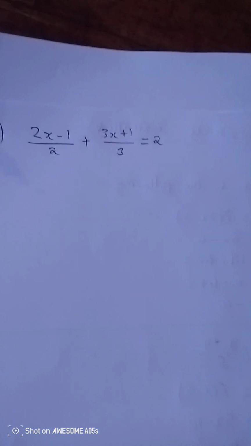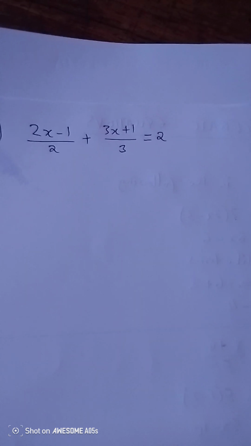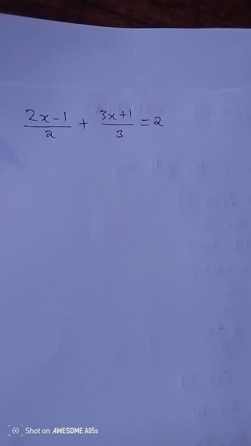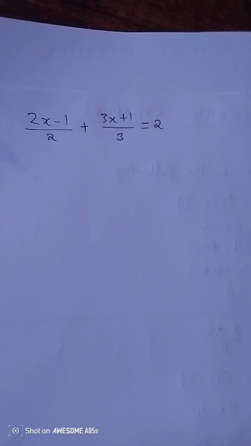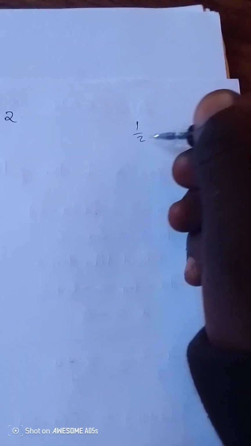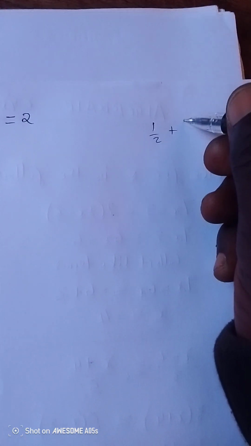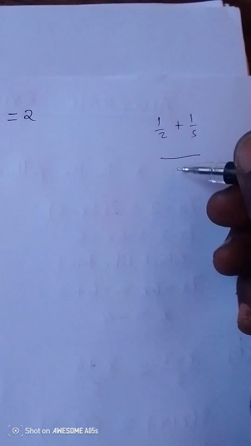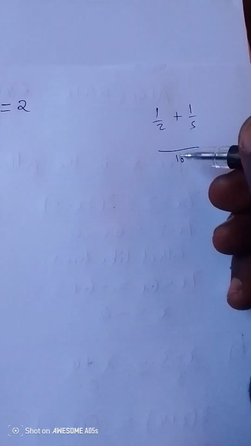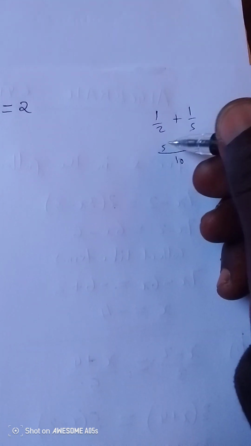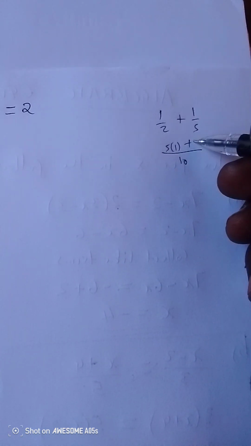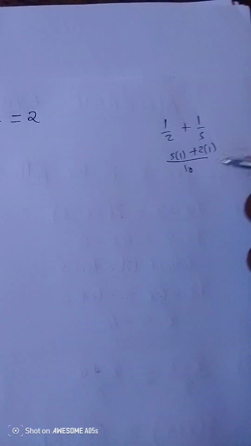So remember, when you've got a fraction and you want to simplify it, you simply find the common denominator. So this maths does not change from the ones which we used to learn, for instance, where we were given 1 over 2 plus maybe 1 over 5, where we used to find the common denominator, which is a 10. Then 2 into 10, it is a 5 times the number on top, plus 5 into 10, it's a 2 times the number on top.